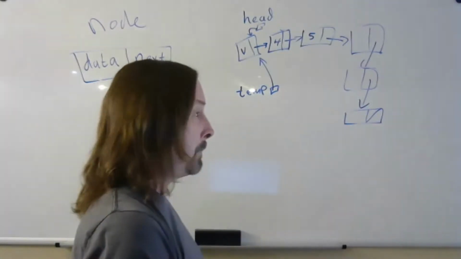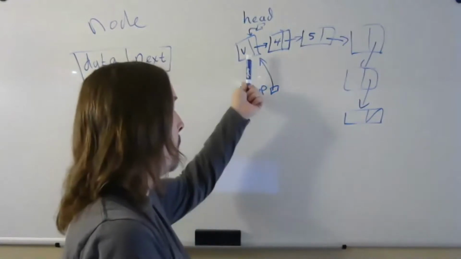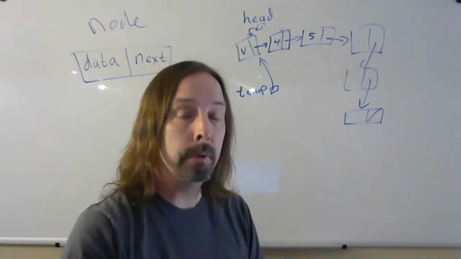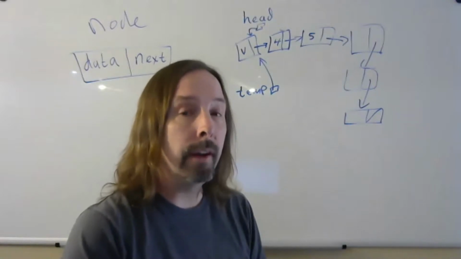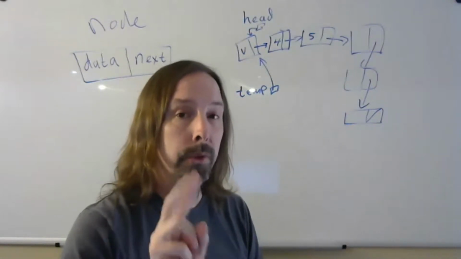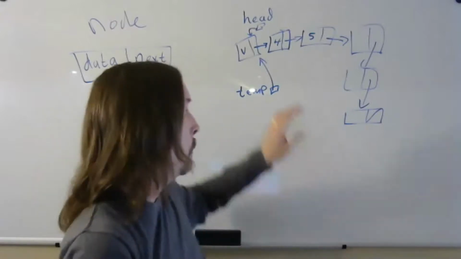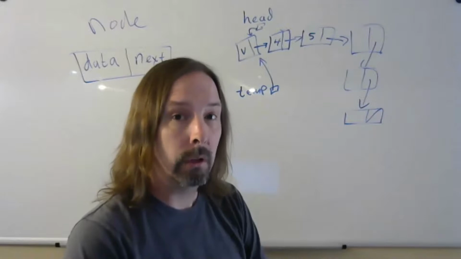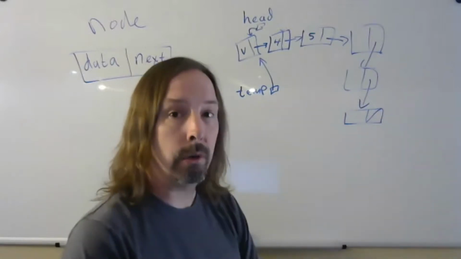So once we have temp pointing at the head node, we will set up a while loop. And through every iteration of the while loop, we will do two things. We will count the node that we are pointing at, and then we'll move to the next node.